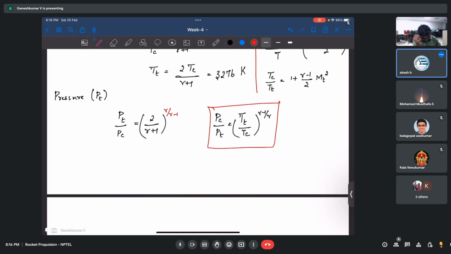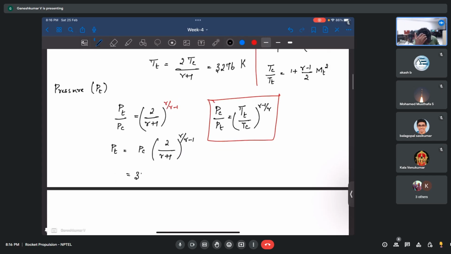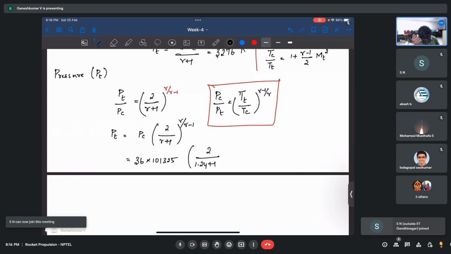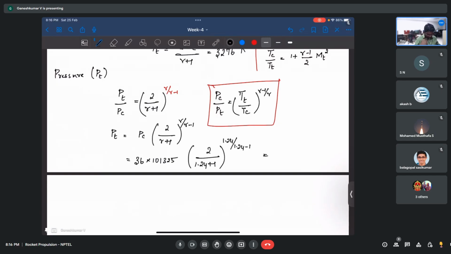Okay, so maybe let's calculate it then. We need the throat pressure. The throat is nothing but Pc times 2 by gamma plus 1, raised to gamma by gamma minus 1. Chamber pressure is nothing but 36 atmospheres. 36 into 2 by 2.24, raised to 1.24 divided by 0.24. How much is the pressure you are getting?